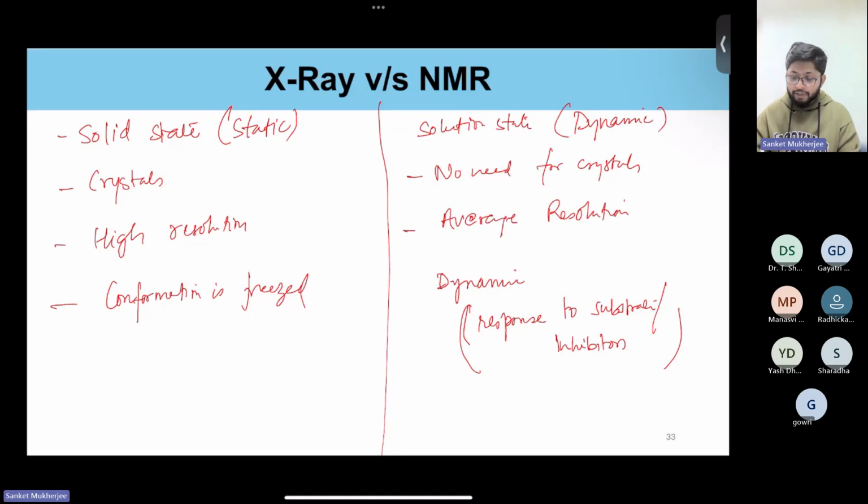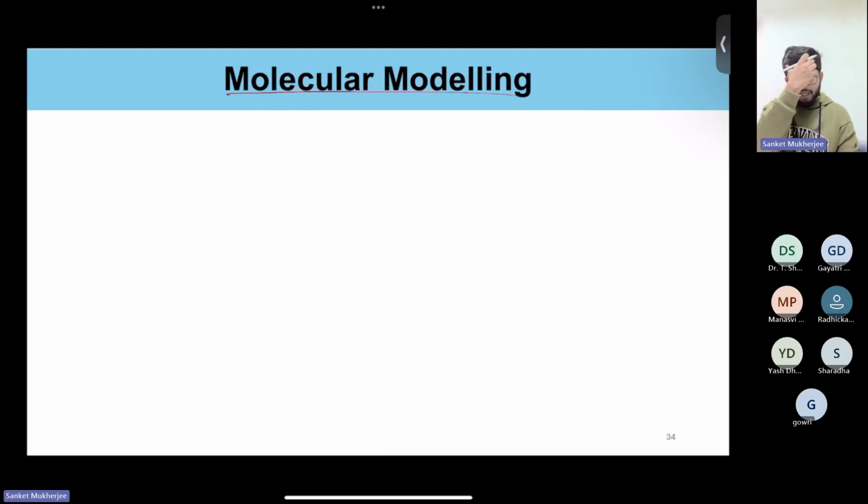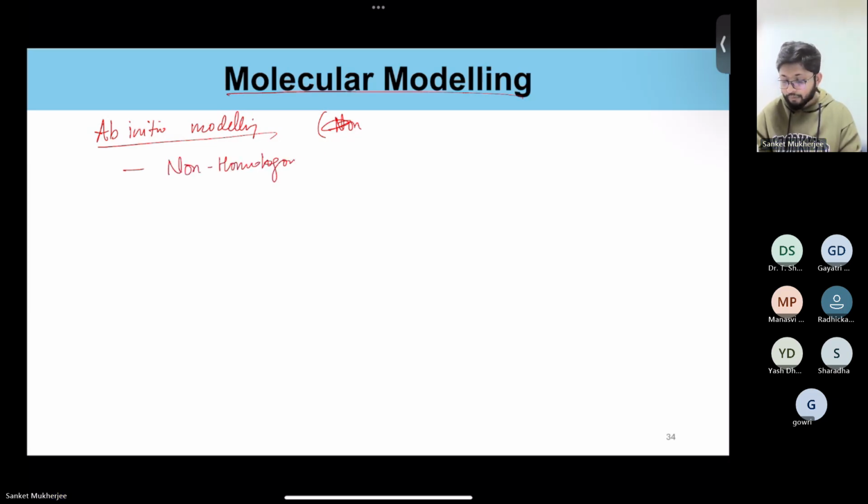Molecular modeling. Now coming to the computational approaches. In case of molecular modeling, there are two ways. One is called ab initio modeling. Ab initio modeling is done for non-homologous protein structure.